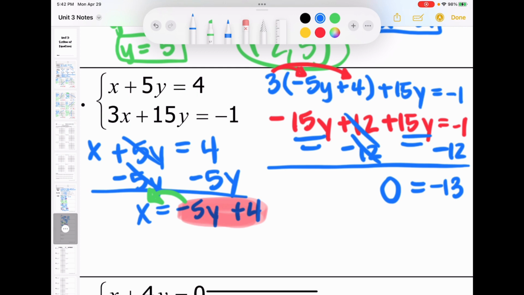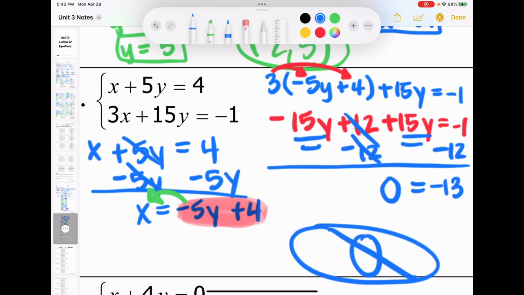So now we're left with 0 equals negative 13, which is not a true statement because 0 does not equal negative 13. So that means that this system will have no solutions. So if you're working out a problem and your variables cancel out, which is what just happened here, those canceled and left us with 0, that means that there's going to be no solution.